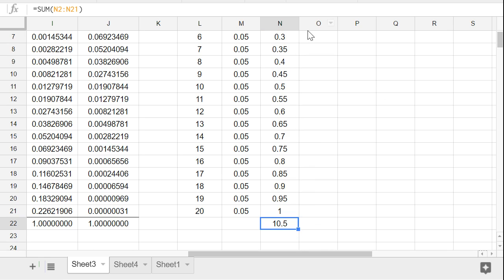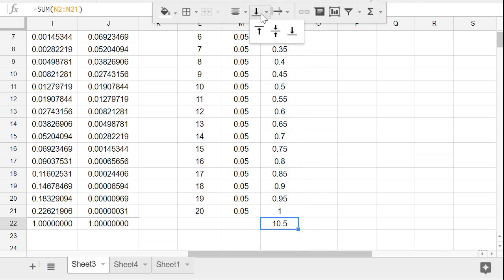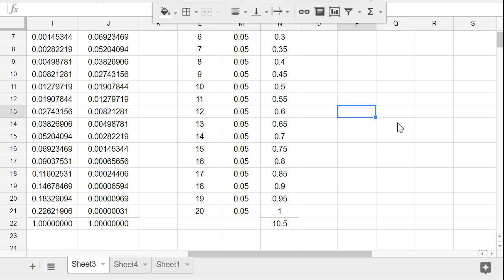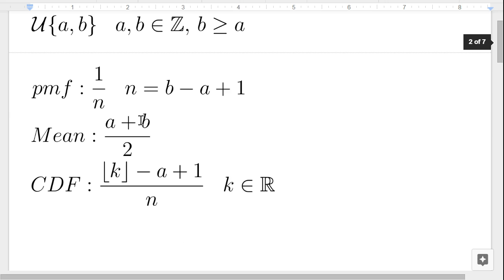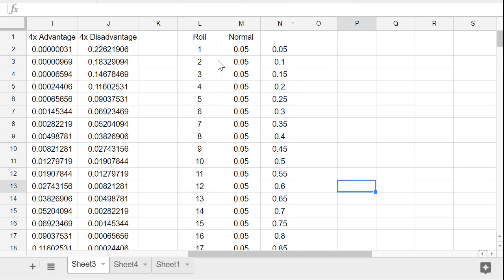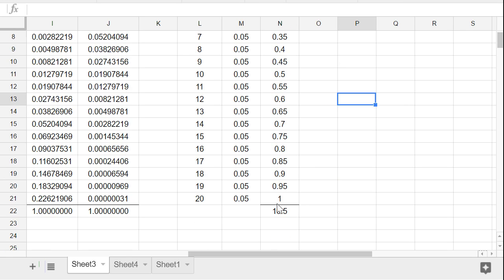So as I mentioned before, for the simple case, you can use this formula, which is the first plus the last over 2, right? And that's why you get 10.5, because the formula is correct.